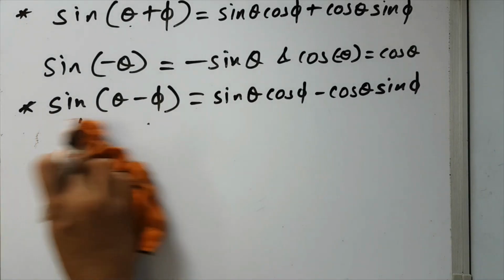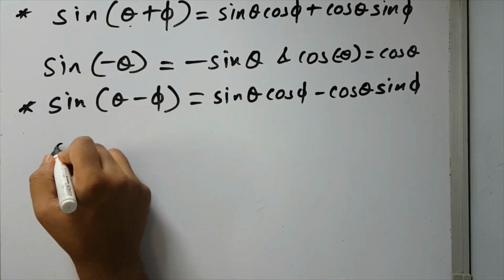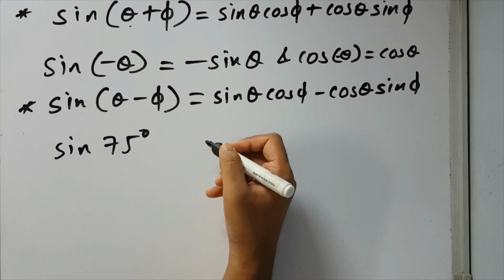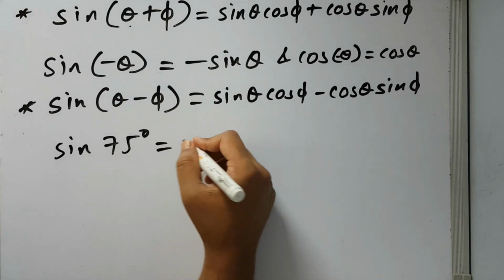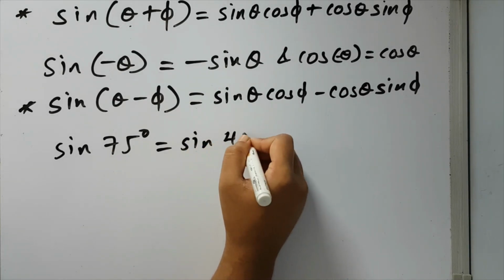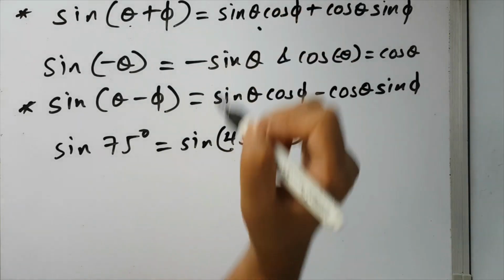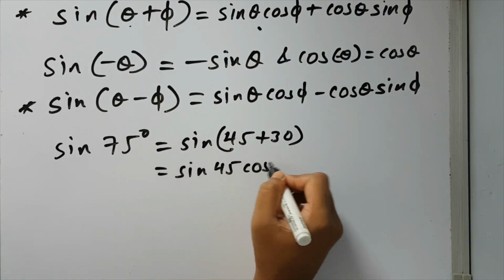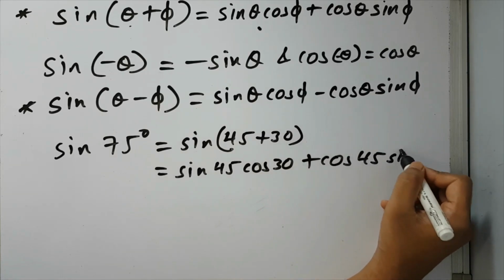Where do you use this? Let's say I ask you to find sine of 75 degrees. How do you find the sine of 75 degrees? You could convert 75 to 45 plus 30. Using this formula, what do you get? Sine 45 cos 30 plus cos 45 sine 30.